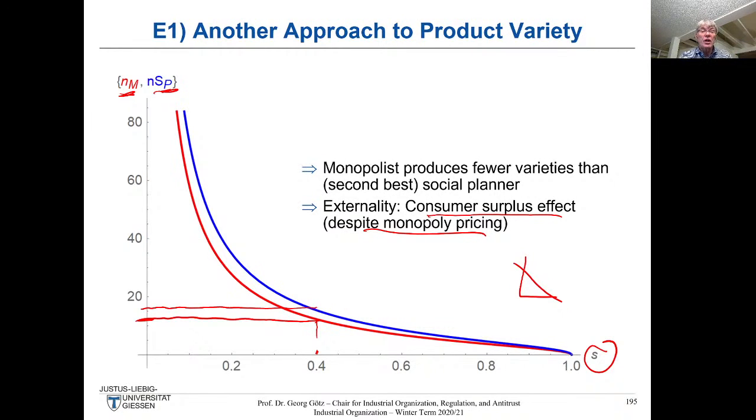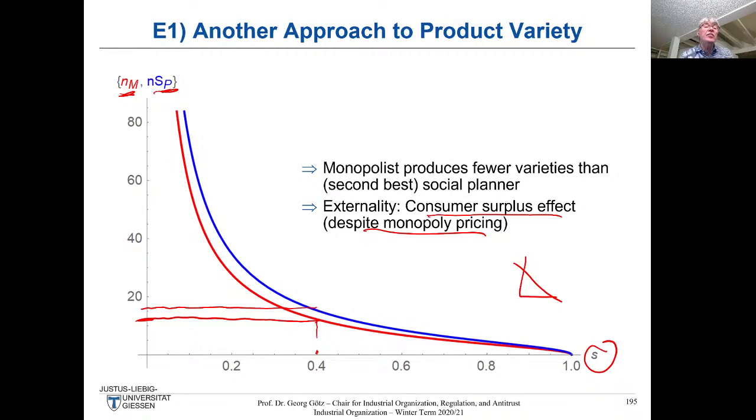And of course, the monopolist does not take this consumer surplus into account, which is produced here. The important point is, if we add another variety, the price is unchanged. Why would the monopolist add another variety then at all?